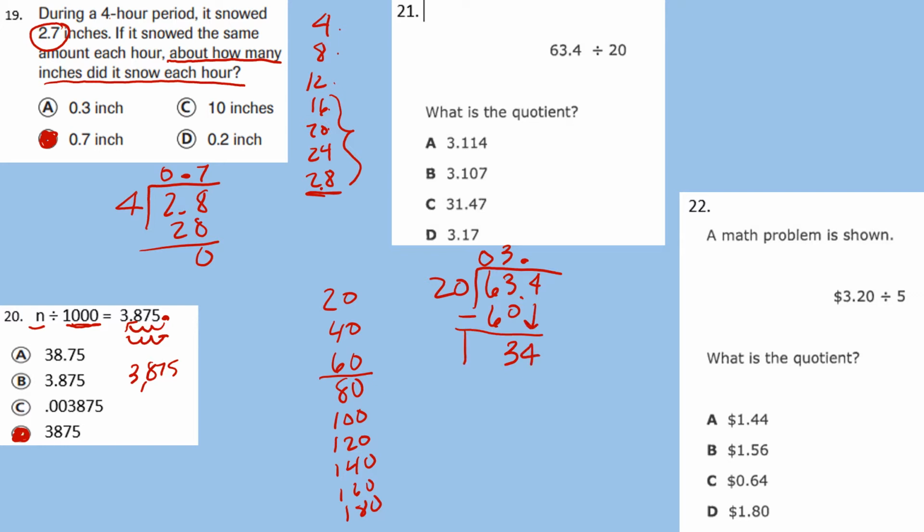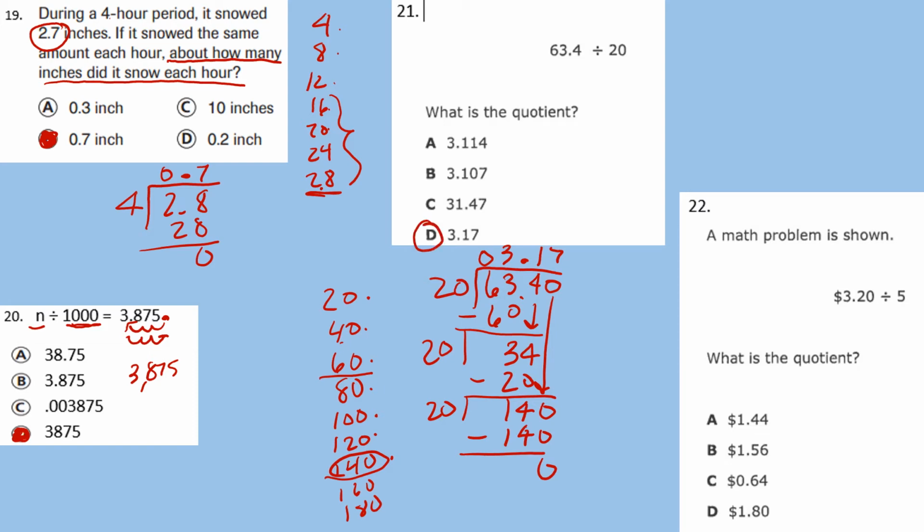Bring down the 4. 20 goes into 34 one time because 40 is too much. It's 20. I get 14. Remember, I'm dividing by decimals. I cannot have a remainder. I either have to make it repeat or terminate. So in order to do that, we just add a 0, bring down that 0. How many groups of 20 go into 140? 1, 2, 3, 4, 5, 6, 7. Gives me 140. Okay, so the answer is 3 and 17 hundredths. D is my answer.